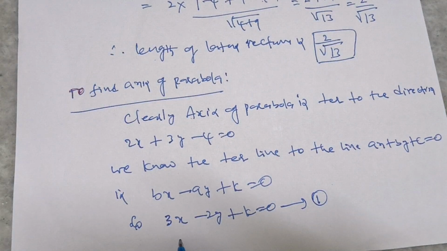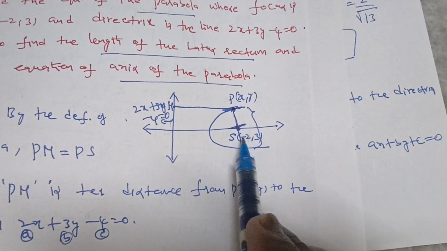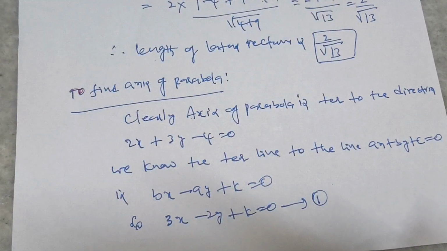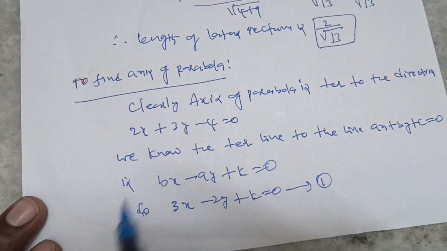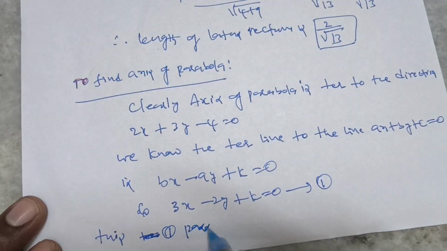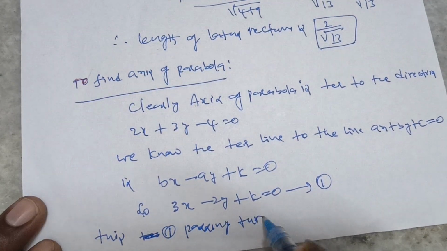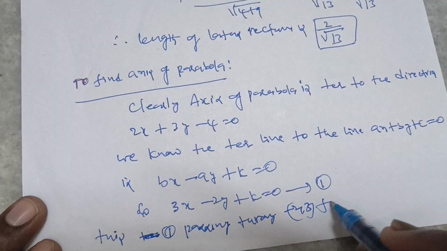Clearly, this perpendicular line passes through the focus minus 2 comma 3. This equation 1 passes through the focus minus 2 comma 3.